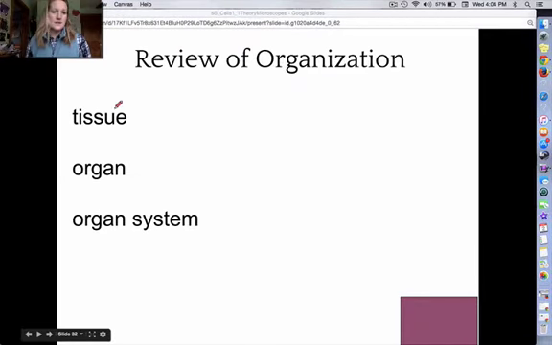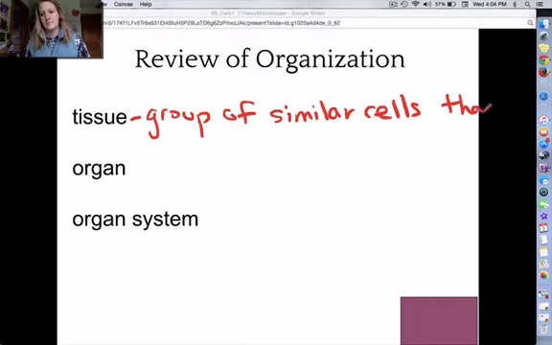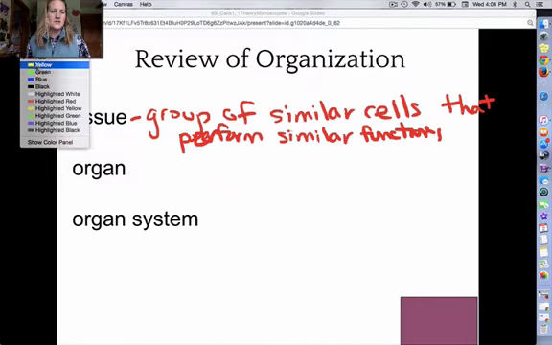So review of organization, just to remind us what all of these different things are. A tissue is a group of similar cells that perform similar functions. Okay, an organ, we'll change font here.